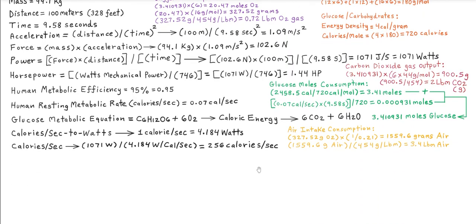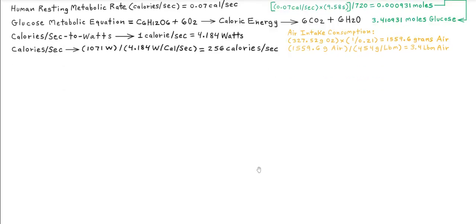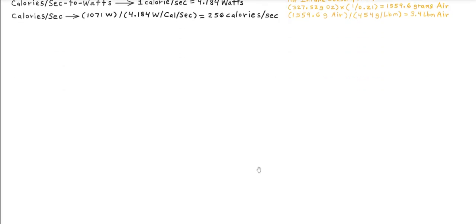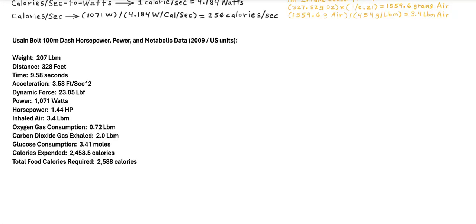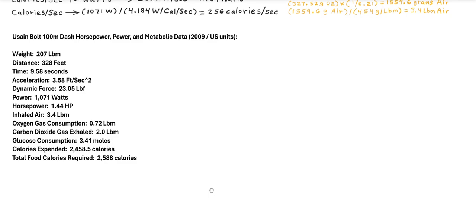So then the final registry of specifications include the Usain Bolt 100 meter dash horsepower, power, and metabolic data.